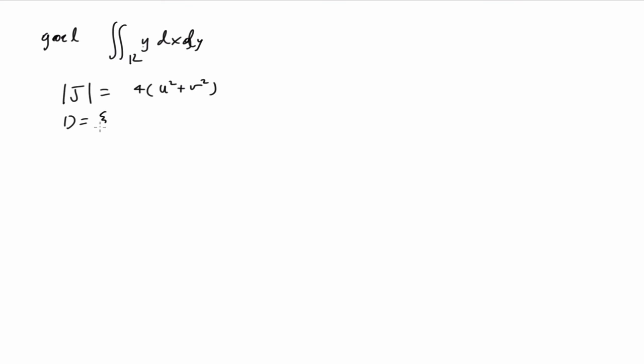Let's recall again what we had. Our goal was to integrate over R of y dx dy, okay? And we know that my Jacobian was equal to 4 times (u squared plus v squared). That was it.